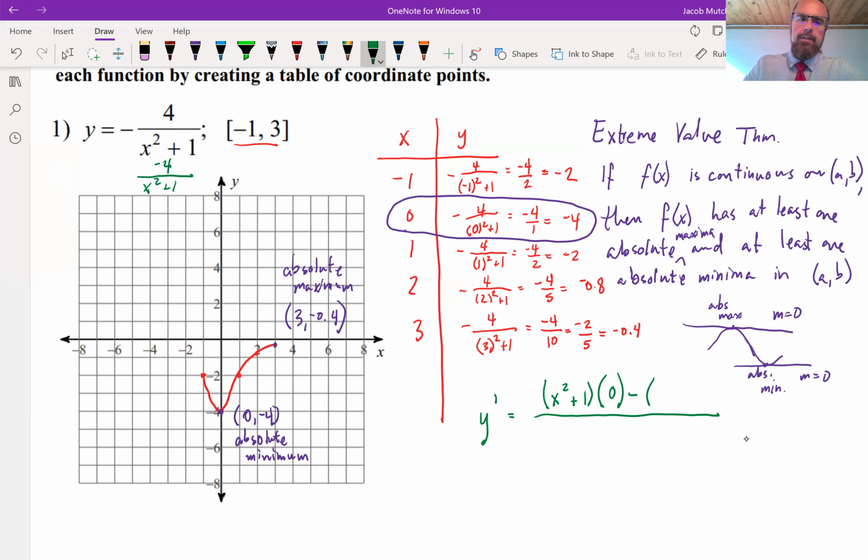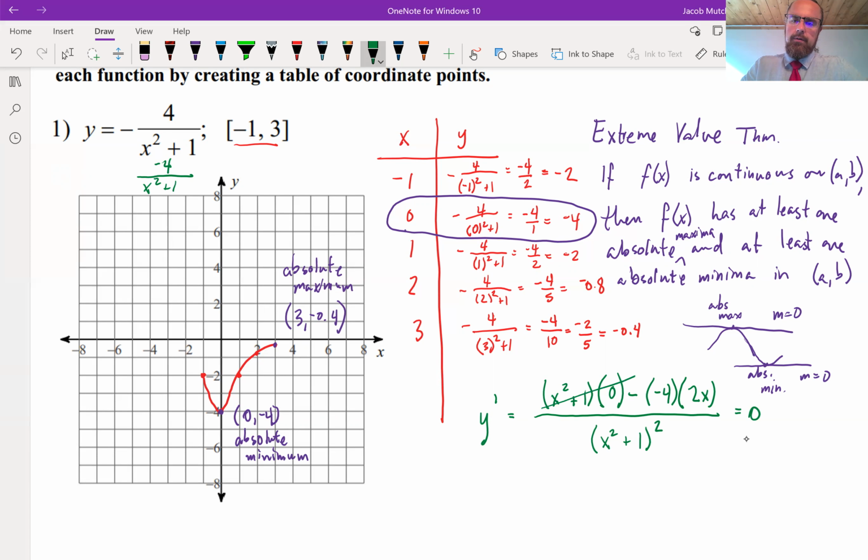Minus f of x, which is -4, times the derivative of g of x. G of x is x squared plus 1, so that's going to be 2x. And that's all over g of x squared, (x squared plus 1) squared. So again, I'm just interested in where this derivative equals 0.